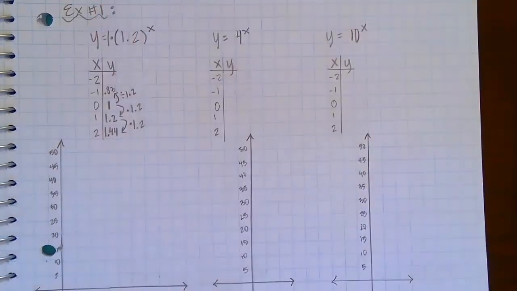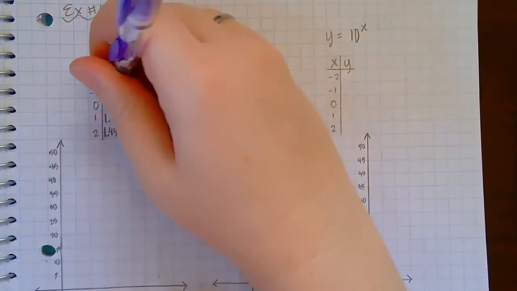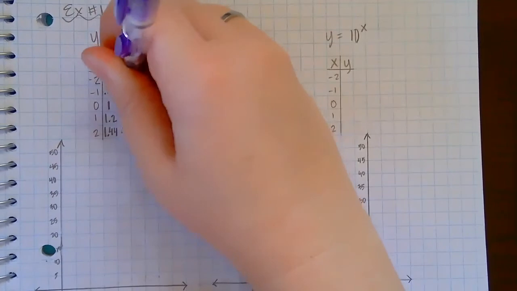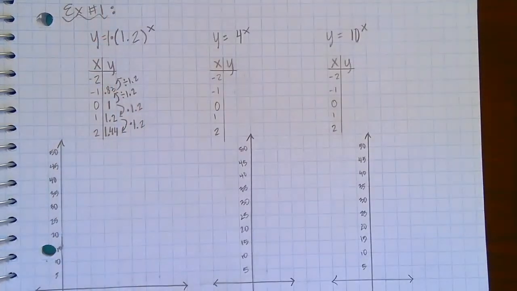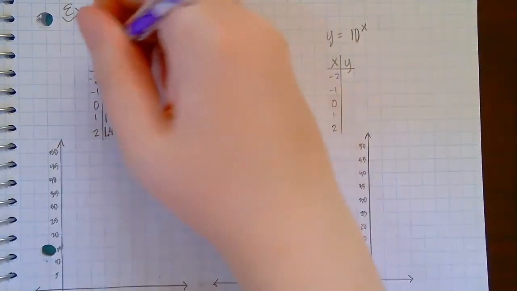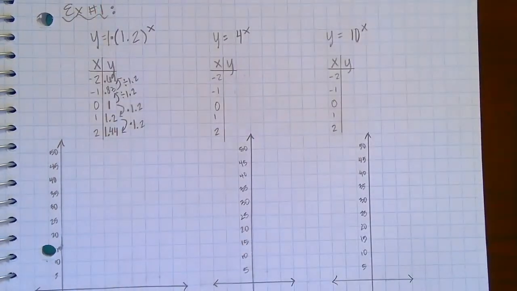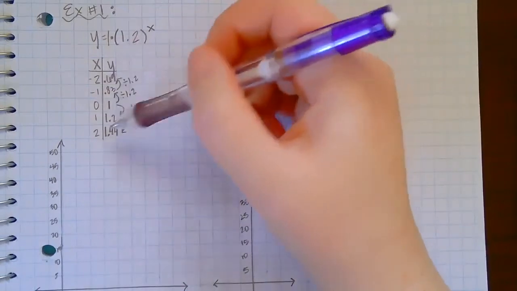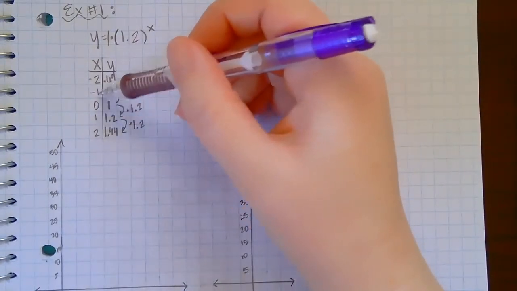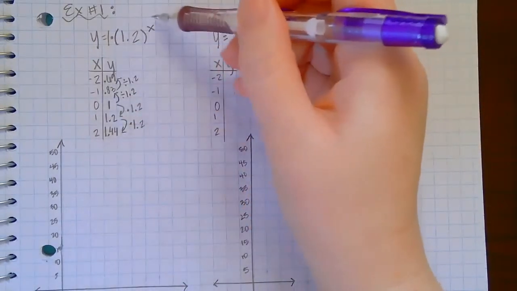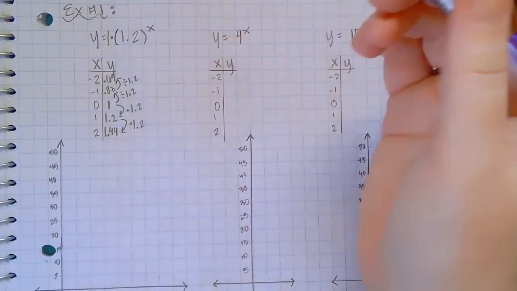Not exactly, but approximately. And then divide again by 1.2. You get approximately 0.69. Again, just approximately. Remember, you could also just take 2, 1, 0, -1, and -2 and plug them in for x here to find all of them. That's another way of doing that.